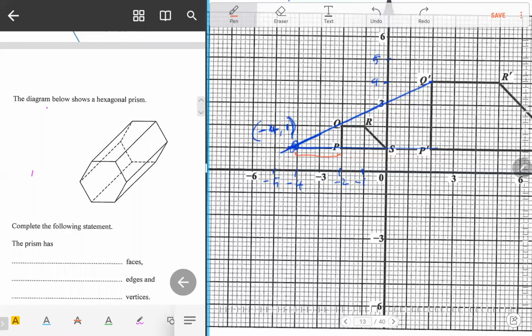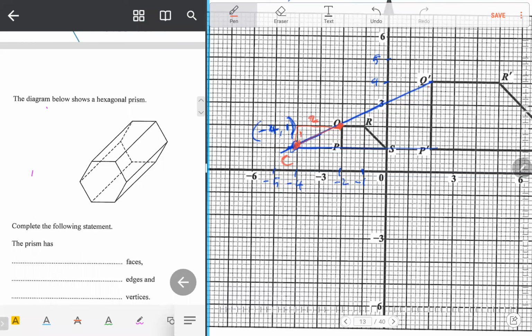All right, let's do another point just to make sure. From this point to this point, we rise 1, run 2. So if we're going to triple that scale factor, we're going to have to rise 3, run 6. To go from C, the center, to Q prime, this was rise 1, run 2.